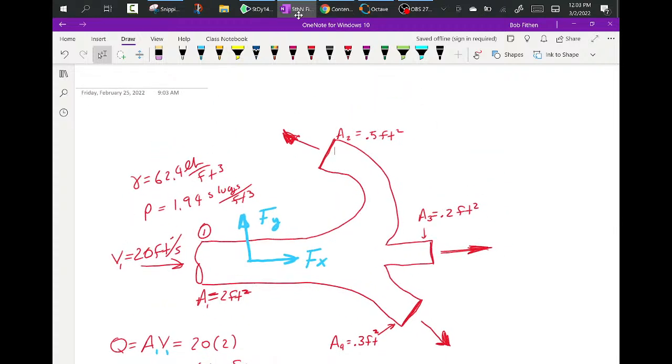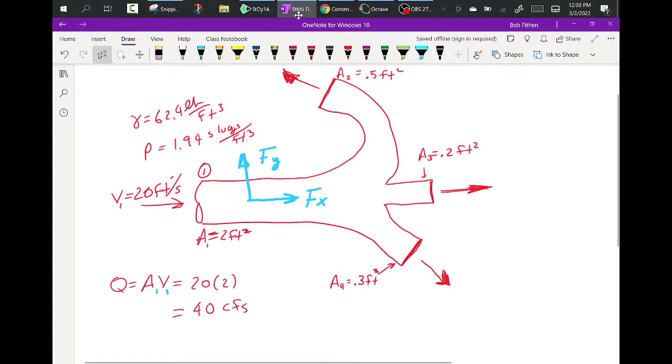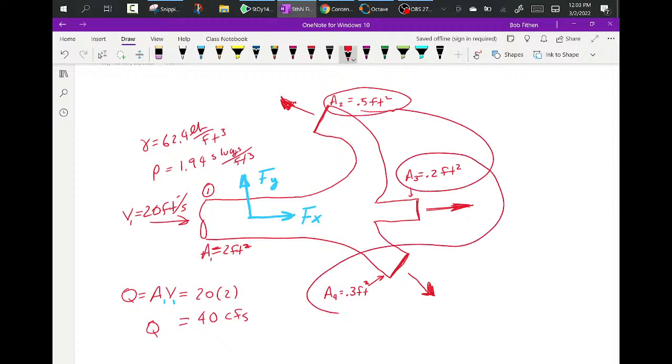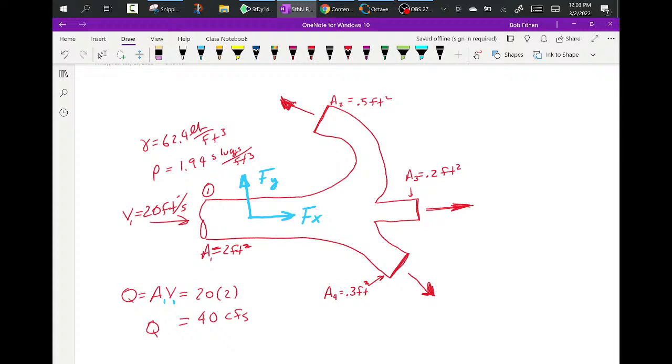So I'm going to say, if we've got 40, Q in will be 40, so this one, this one, and this one all have to add up to be 40. And this can happen easily. I could restrict the flow down here and then widen it so that even though this is a larger area than this one or this one, it could have a lower amount of fluid through there.